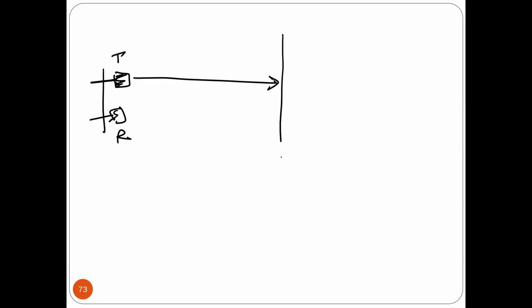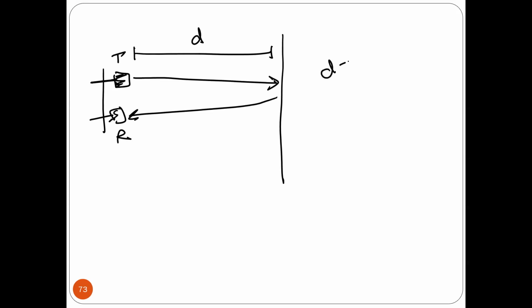So this is how it works. This is the transmitter, this is the receiver. The transmitter sends a sound. This sound hits the object and comes back. In order to calculate the distance, the distance equals velocity times time.